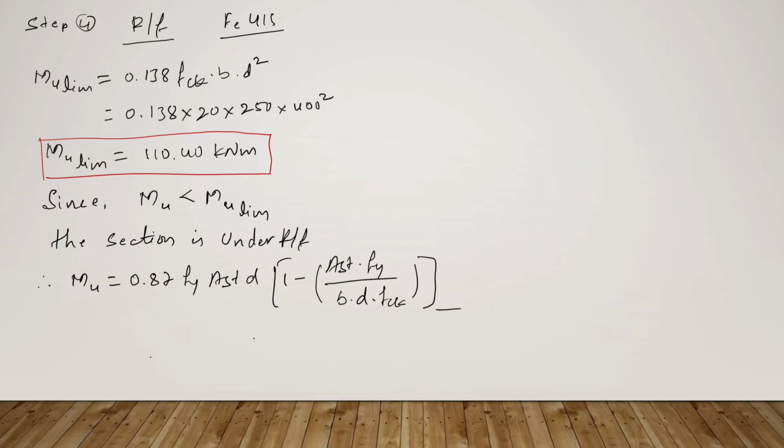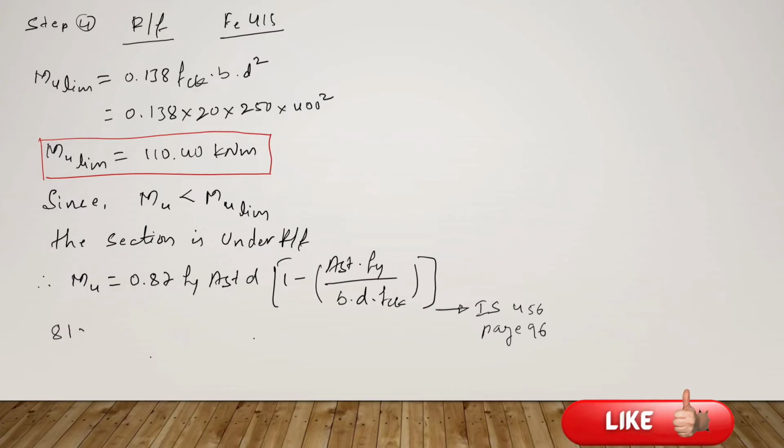This equation is given in IS 456 page 96. We know that the ultimate moment is 81 kilonewton meter.